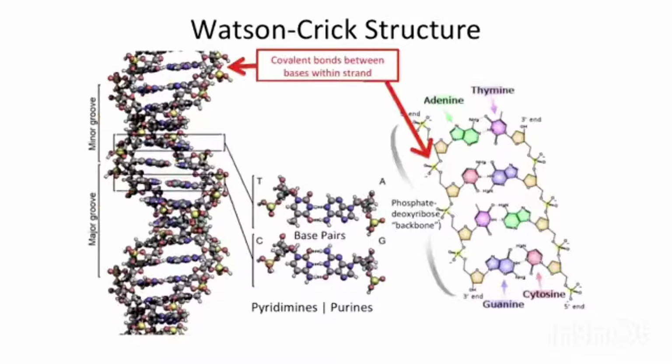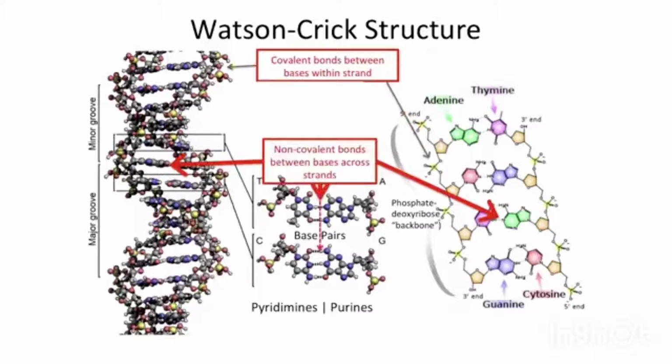That backbone of each strand is held together by covalent phosphodiester bonds, the alternating sugar-phosphate backbone, and thus the surface of DNA itself is highly negatively charged. The two strands come together through non-covalent hydrogen bonds that hold these bases together at the center of the structure.